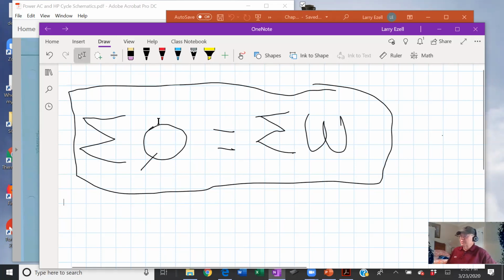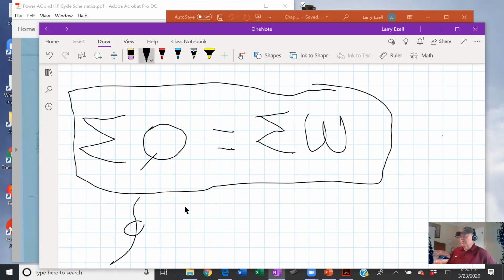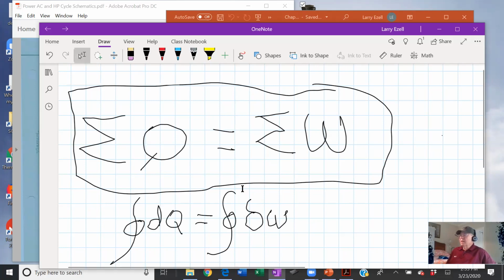Another way you can write that, if you want to make it look more mathematical, is to say the cyclic integral of dq is equal to the cyclic integral of, now they don't use a d, they use a delta, delta work. But what that really means in a steady flow process like we study is that the sum of the heat transfers is equal to the sum of the work.